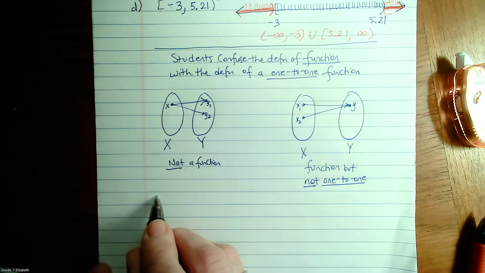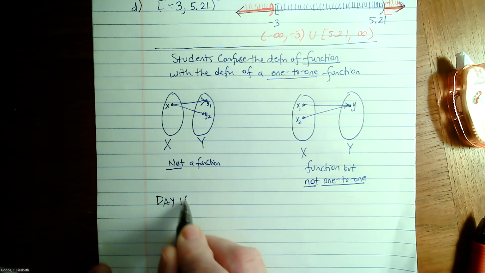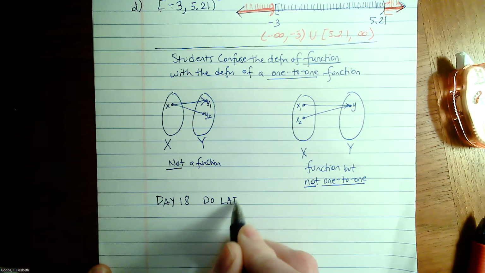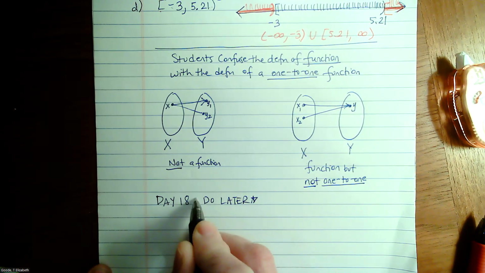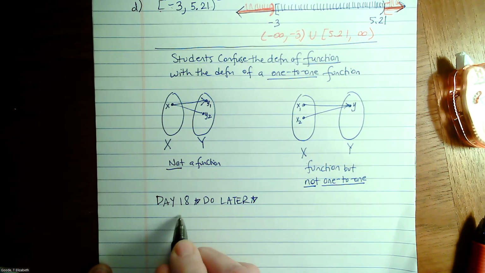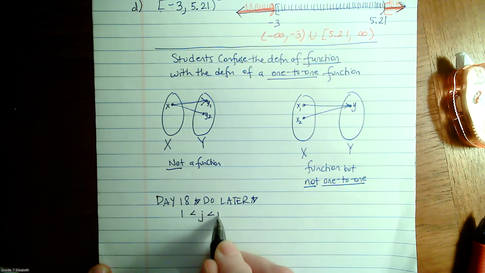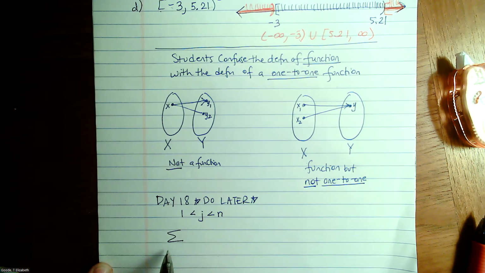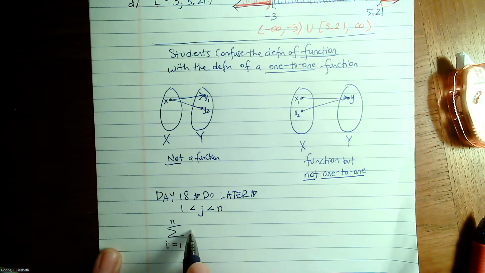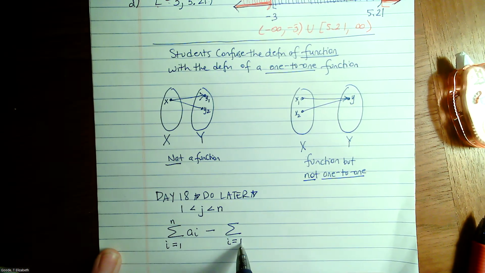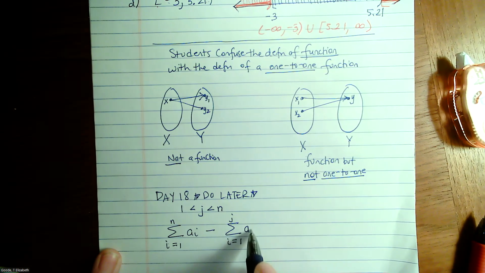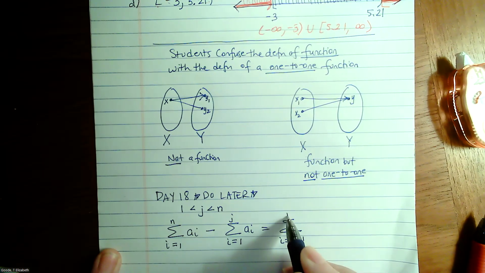It says: for 1 less than j less than n, the summation i equals 1 to n of a of i minus the summation i equals 1 to j of a of i equals the summation i equals j plus 1 to n of a of i.